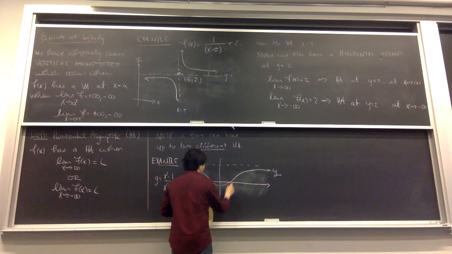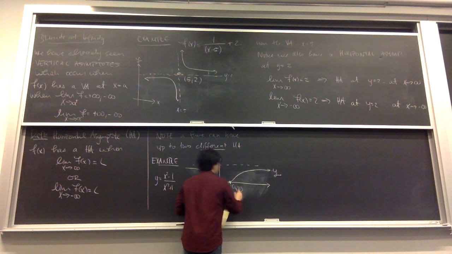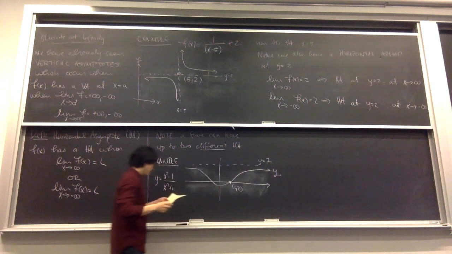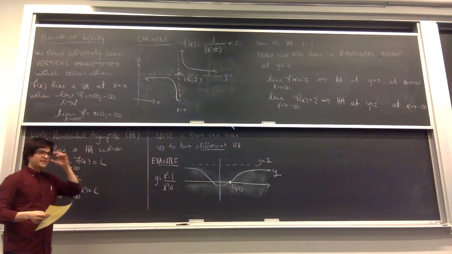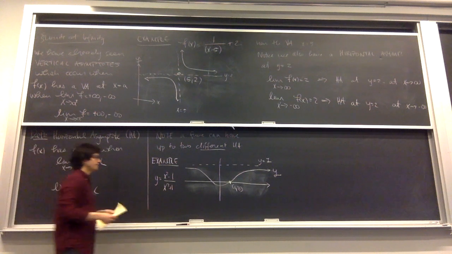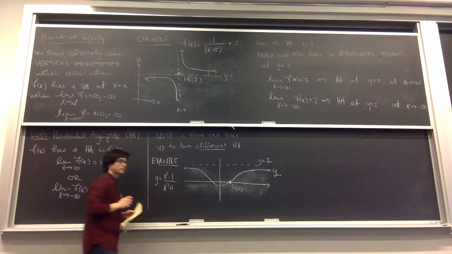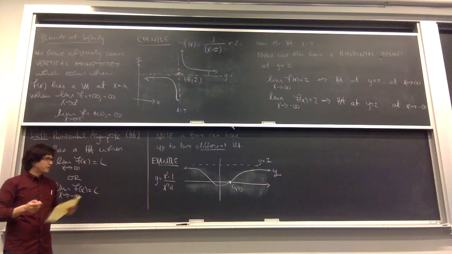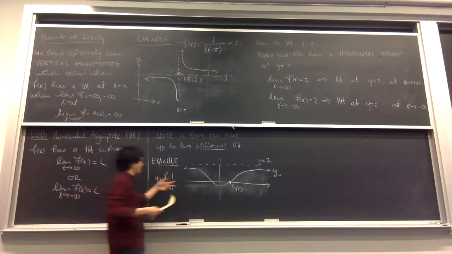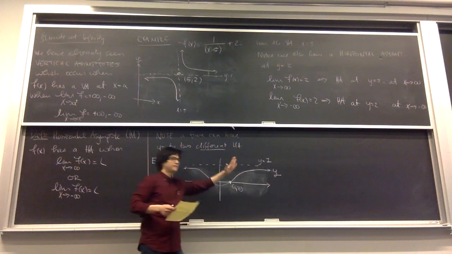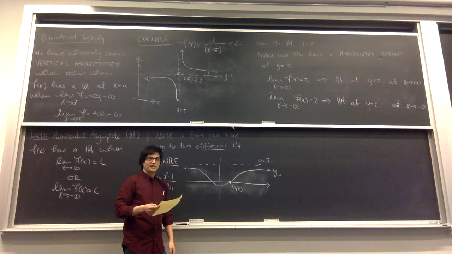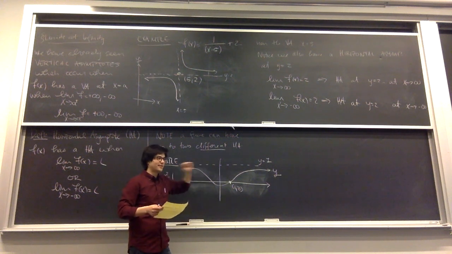I have a point here, 1, 0. And this dotted line up here is y equals 1. Okay. So what does the geometry suggest about the horizontal asymptotes of this function? What line are we approaching as I run x to infinity? y equals 1. So this suggests that this is a horizontal asymptote, right?